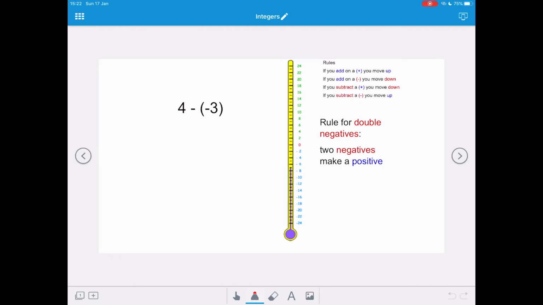Now there's a special rule for double negatives. Two negatives make a positive. So if we're doing 4 take away -3, then our start position is at 4. And this time we're subtracting a negative number, so we're moving up the number line, because two negatives make a positive.